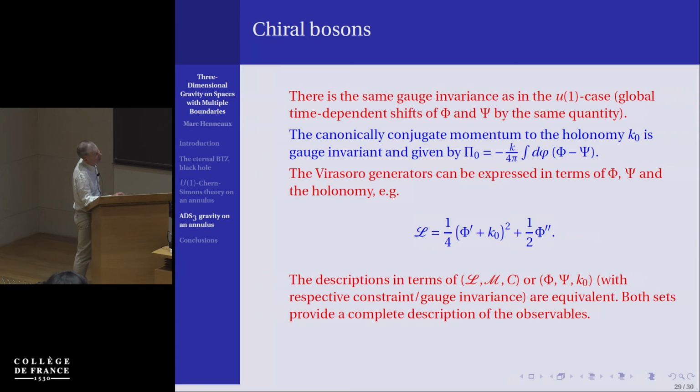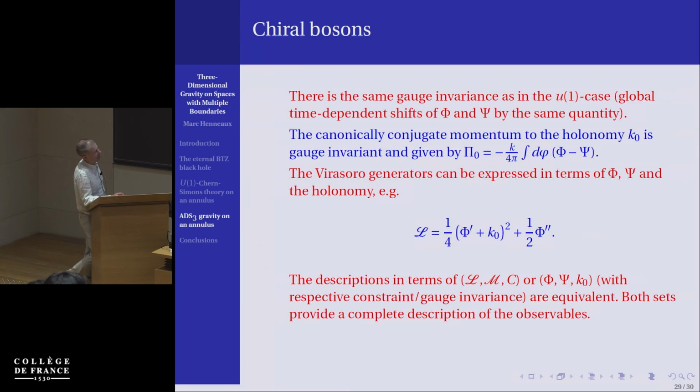We have seen that we can shift phi and psi, the zero mode, by the same quantity. So there is one gauge invariance here, but the other combination, phi minus psi, which is invariant under that shift, is gauge invariant and conjugate to K0, the holonomy. And these two descriptions are equivalent.